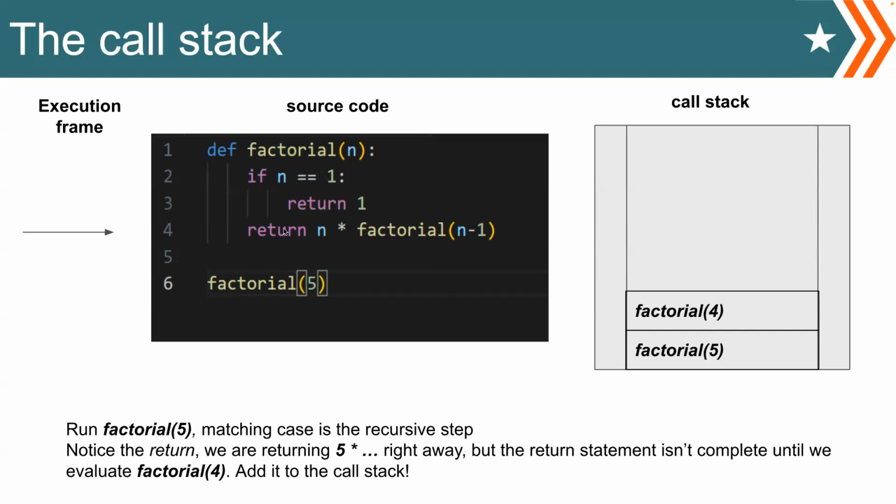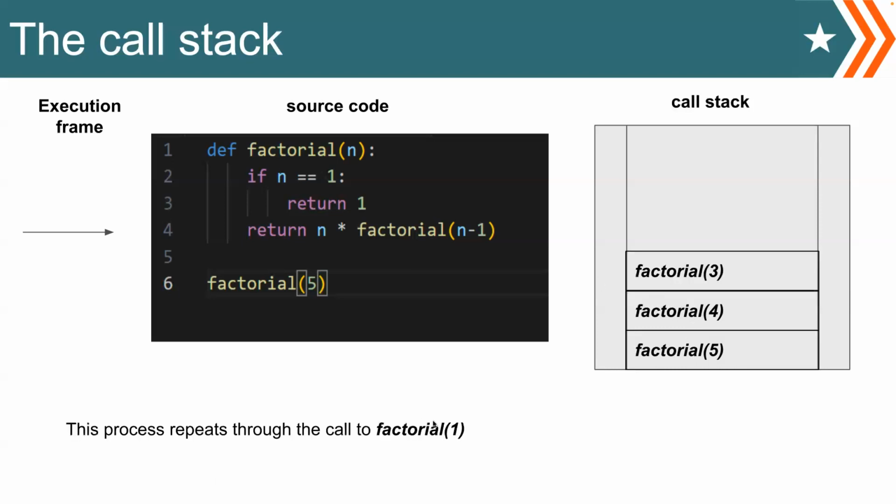And that's the key thing to realize here: this return statement is waiting for this stuff that we've just put on the call stack. So this function call, factorial with the argument of 5, has not returned anything yet. And we've just put factorial with an argument of 4 on the call stack.